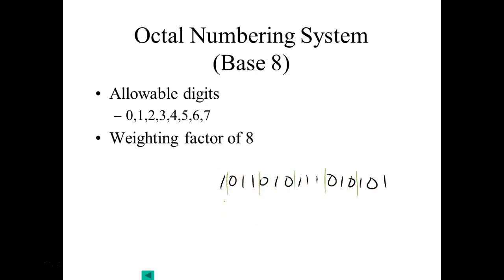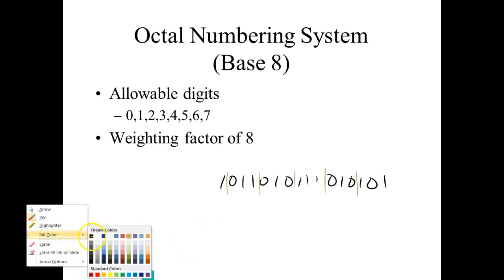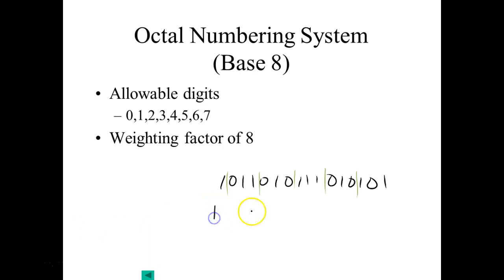Everybody see that? Then I'm going to say, okay, what would the weight of this number be if it was by itself? This would be a 1, this would be a 3, this would be a 2, this would be a 7, this would be a 2, and that would be a 5. I just converted that number to base 8.